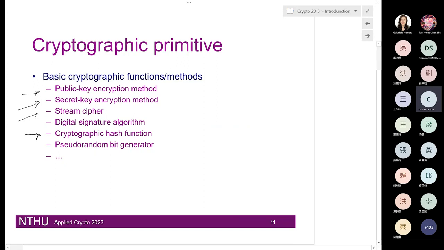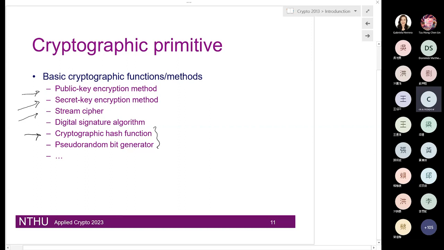And last but not least is the pseudo-random number generator. These are the fundamental tools that we need in order to make things stronger. Maybe I should put the hash function and pseudo-random bit generator in a higher place. They are way more primitive because, for example, in digital signatures, we saw that we use a hash function.